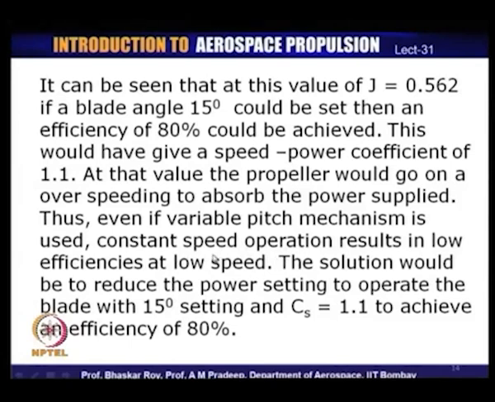If you continue to use the automatic variable pitch mechanism with constant speed, you would end up with low speed operation. You need to realize that the constant speed variable pitch mechanism, which can go on automatic operation, would then result in low efficiency operation.